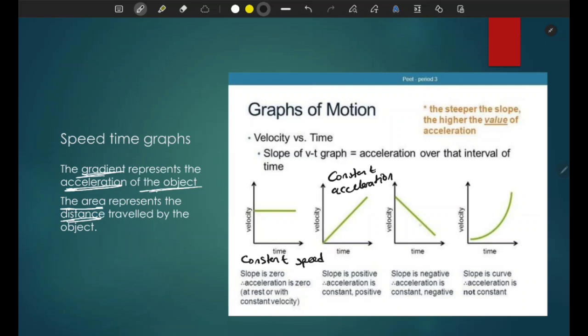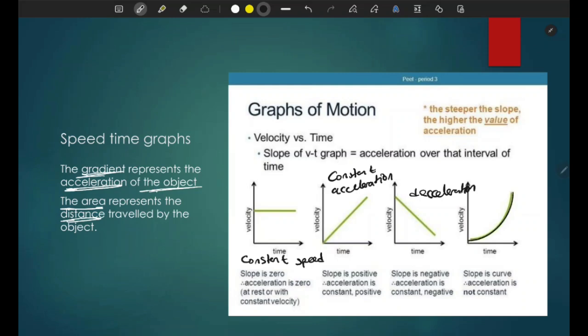Now, this one, I've mentioned it earlier. This is deceleration. So the slope is negative, which means the speed is decreasing, so it's called deceleration. And this last one with a curve, we can see that the gradient on this one is increasing.